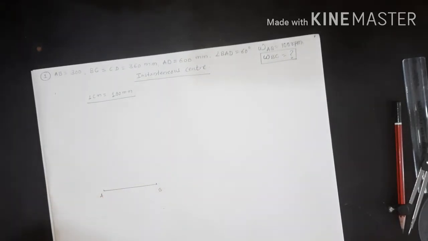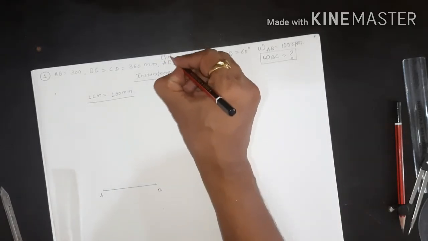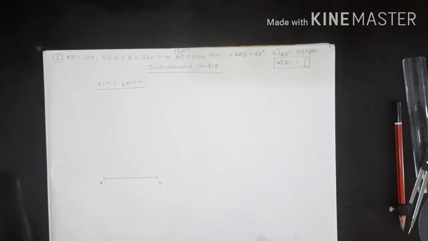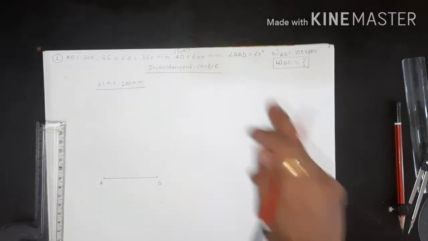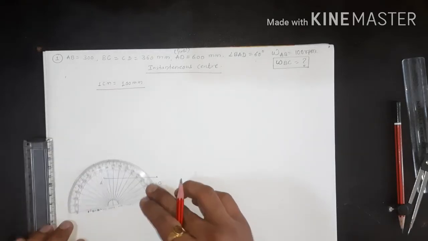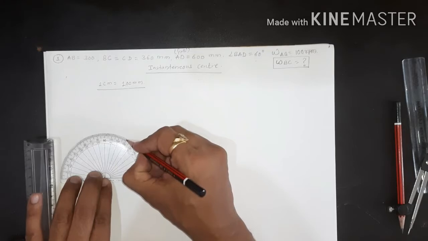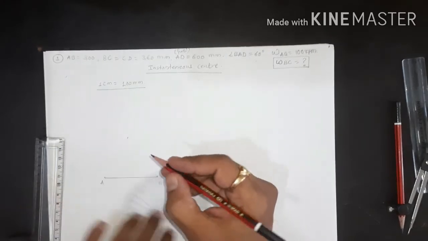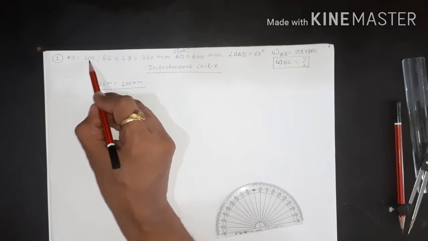And also given that AD link is fixed. So this link is fixed, right? So AD we have drawn. Angle BAD is 60. Now we'll draw a 60 degree angle. So this is your 60 degree, right? So this will be my point B, but AB is 300.